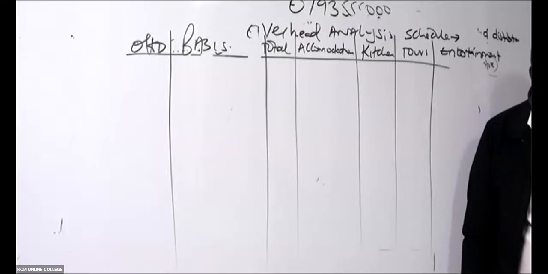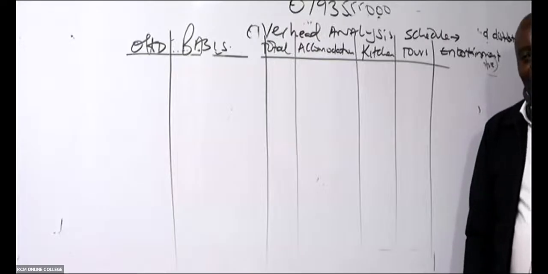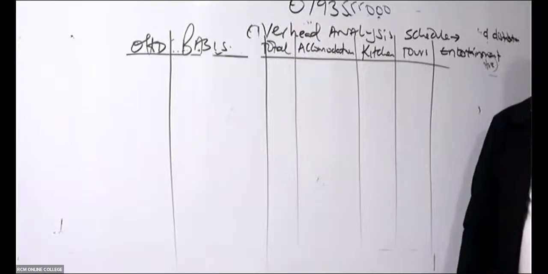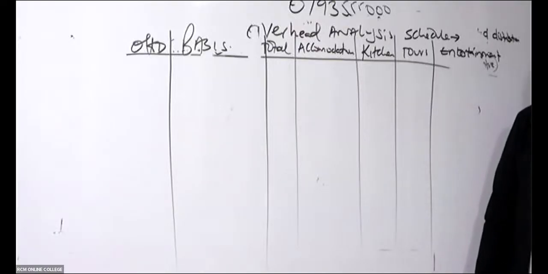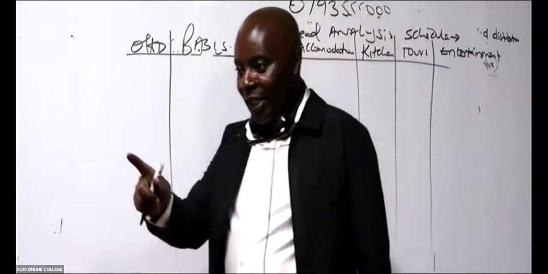Have you guys finished? No, you don't have to use a ruler. This is not architectural drawings you are doing. You simply draw like the way I've drawn and mine are okay. Okay, at least you are finished, right?